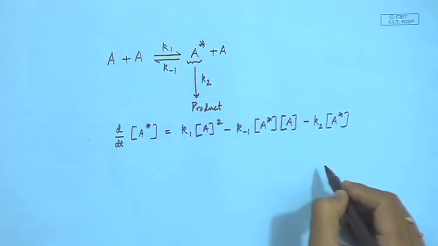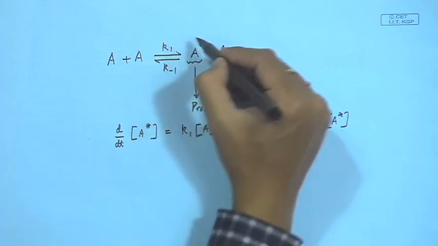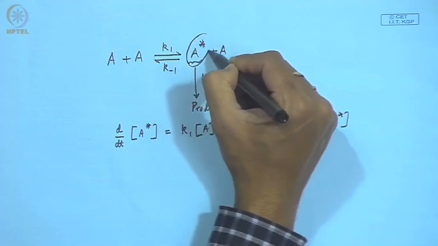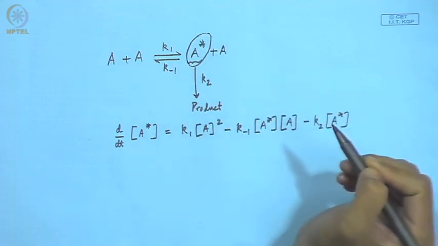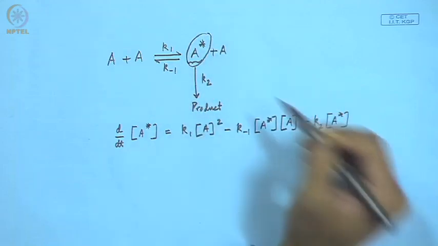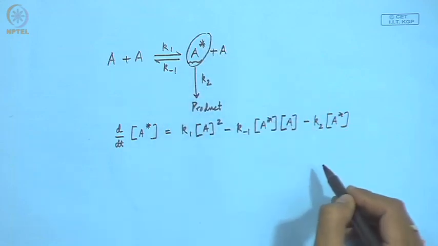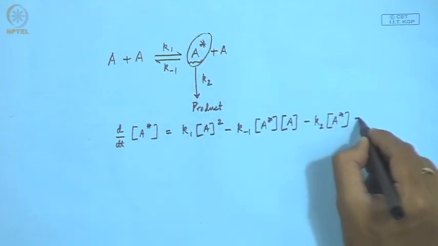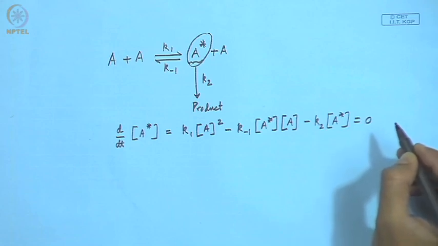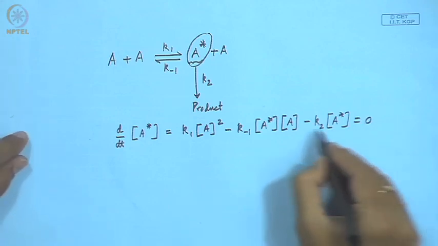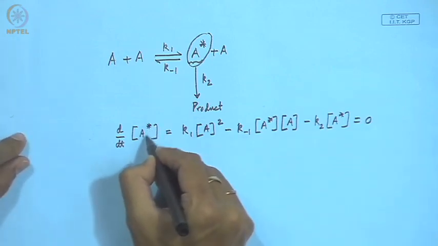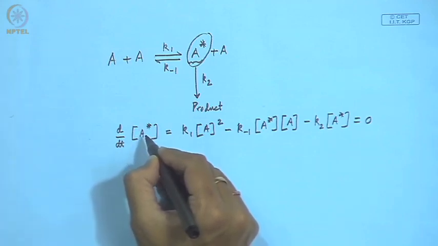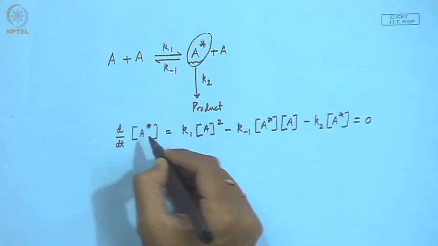Therefore, if you apply steady state approximation to this reactive species, then we have to put this to 0. That means the concentration of this species is steady with time.